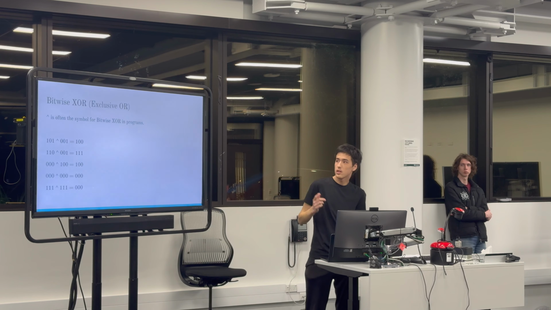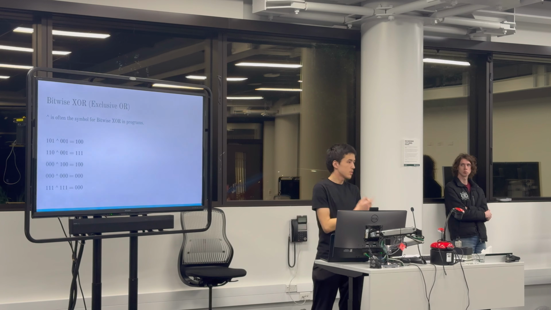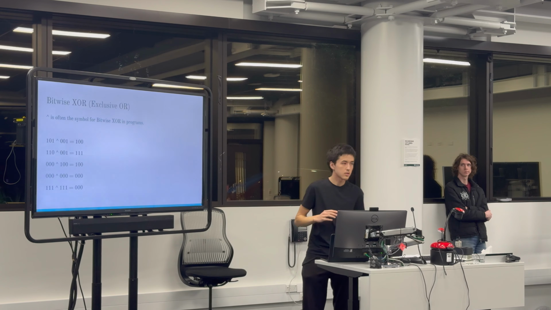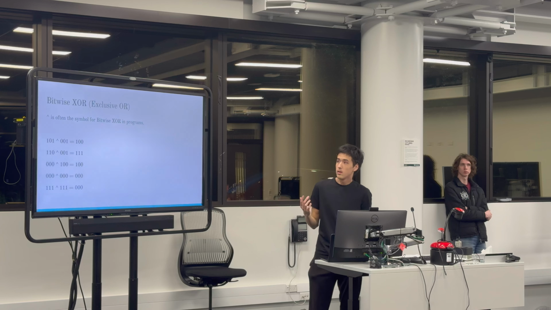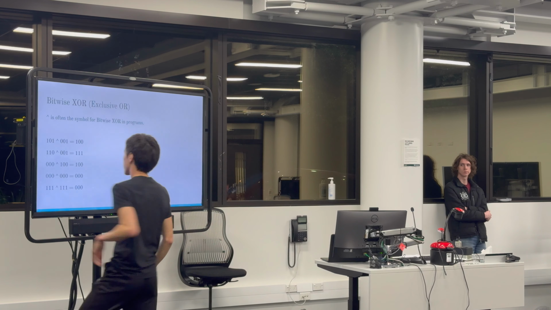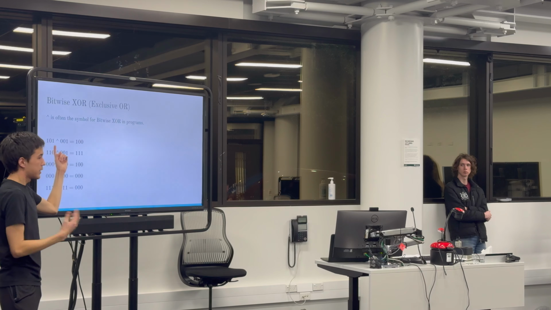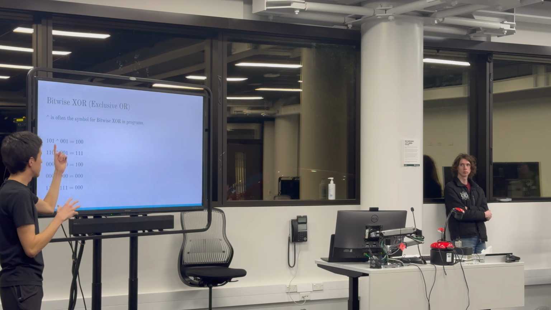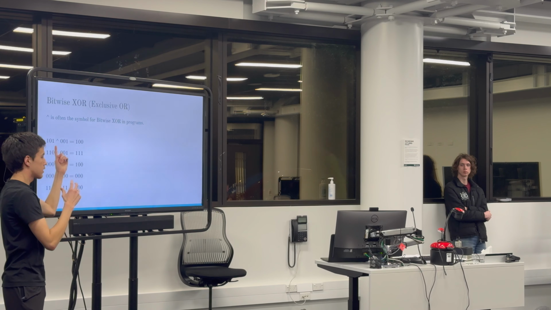We also have a bitwise XOR, which is the OR that you're more used to, except it's called exclusive OR. It's one or the other, and not both. So, in the same example from before, the last bit, but these are called bits, they're in base 2.